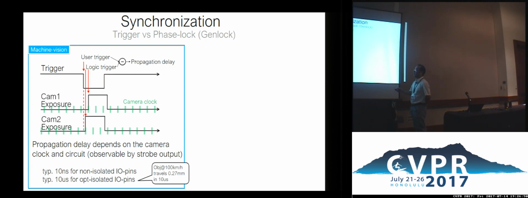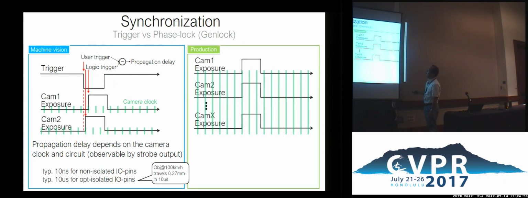But if you are capturing a very fast object, for example if you swing for baseball or something, this may be an issue. On the other hand, if you say genlock system, or in general a phase lock system, all the camera clocks are synchronized, right? That means each pixel starts exposure across the cameras exactly at the same time instance.